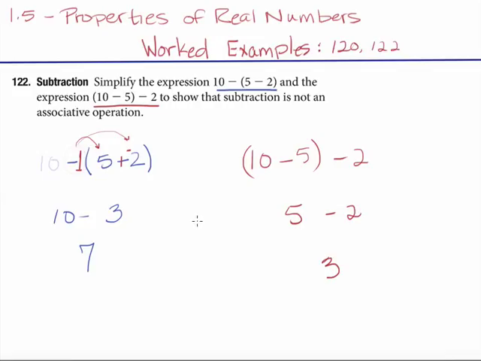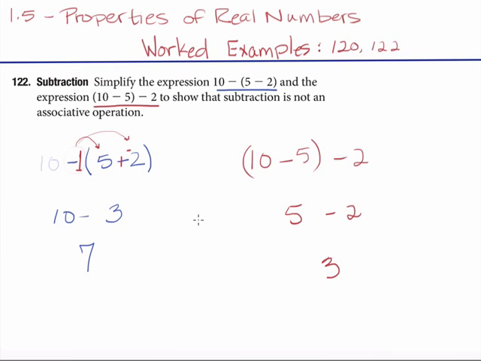In question 121, instead of asking you to do two division problems, the question asks you to give an example that shows that division is not a commutative operation. Here we've been working with the idea that subtraction may or may not be associative. You're going to be working with the idea that division may or may not be commutative. So make sure you get the right property, first of all.